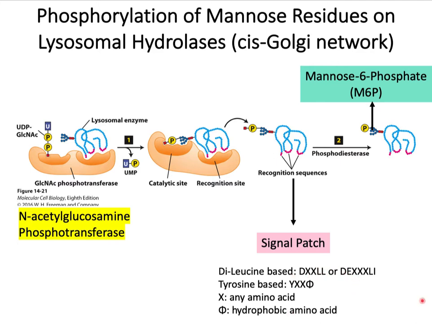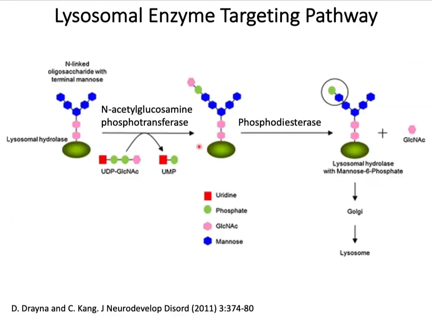So once your protein is modified by this phosphate group and N-acetylglucosamine, there is a phosphodiesterase within the Golgi that will remove the sugar. Now you have this signal, this mannose 6-phosphate or M6P signal, which is then going to direct this lysosomal hydrolase specifically to the lysosomes. This is another rendition of the process.